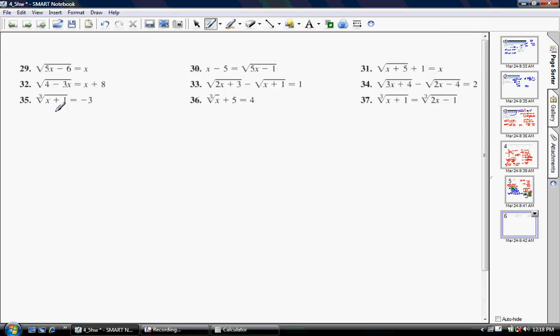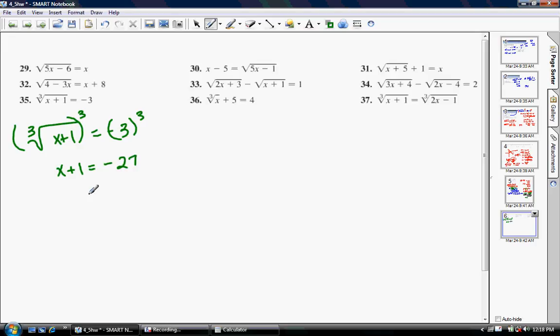The last page, I really just wanted to talk about the last few, 35, 36, and 37, when you have the cube root. If you have the cube root, you're going to just cube both sides. So when you cube both sides, the cube root of x plus 1 cubed is just simply x plus 1.